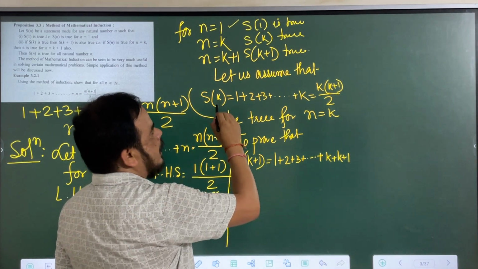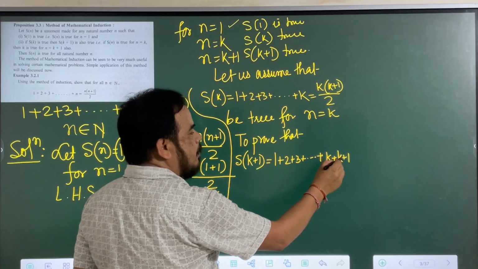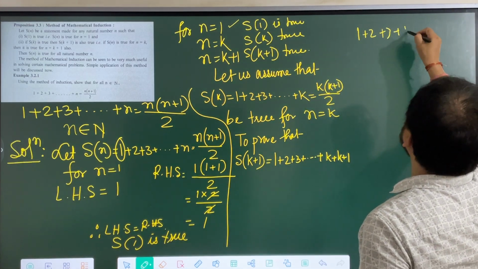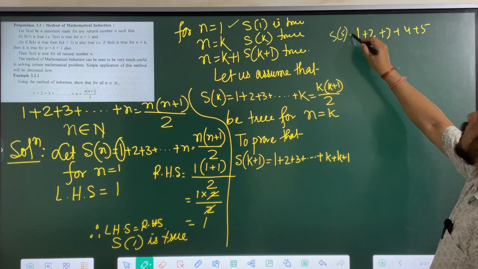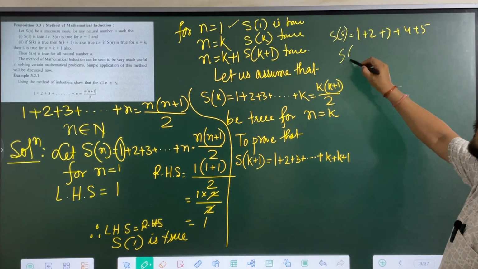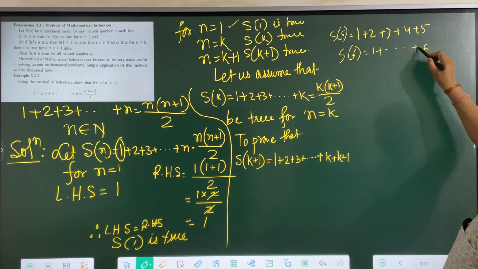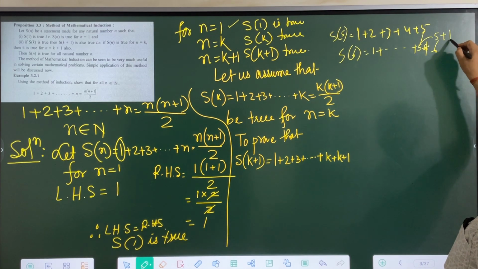When it is Sk, the last term is k. When it is S(k+1), the last term will be k plus 1. Look here: 1 plus 2 plus 3 plus 4 plus 5 is called S5. S5 is 1 to 5. S6 will be 1 till 5, then 6 also, that is 5 plus 1.